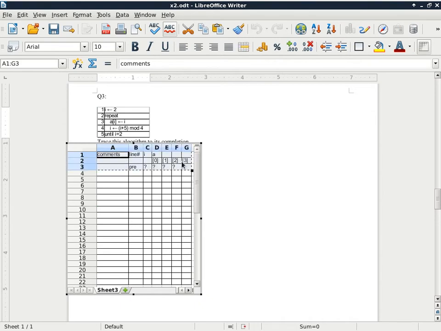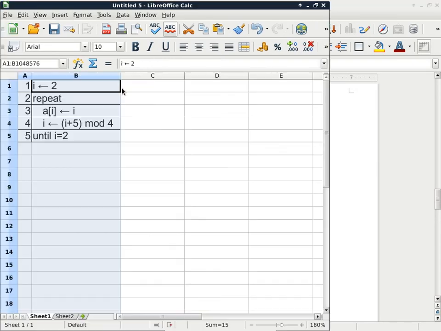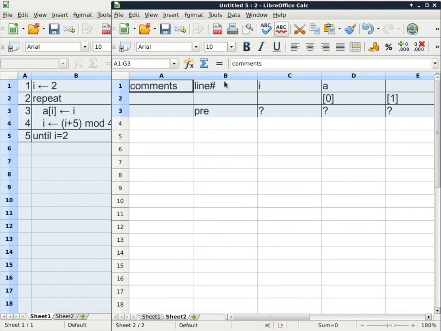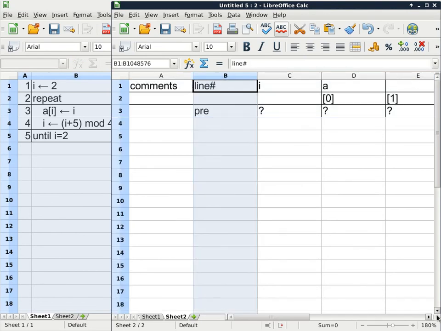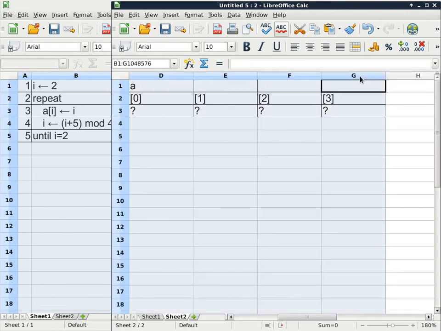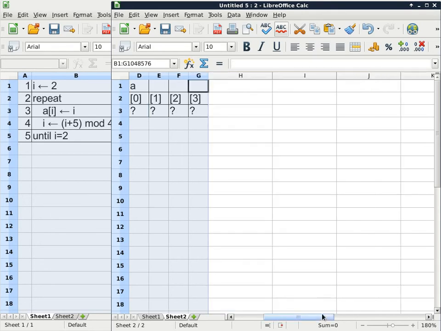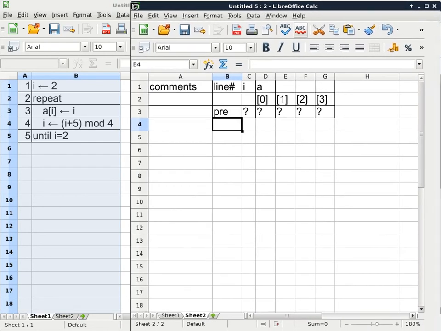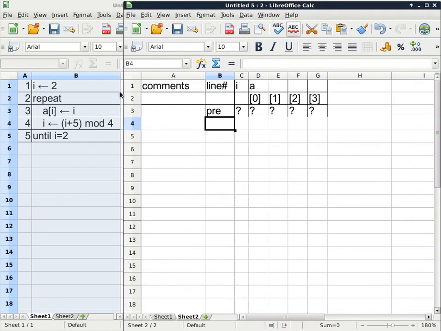All right, so let's go ahead and take a look at this one. All right, and we have the algorithm on the left-hand side, the trace on the right-hand side. Line 1, I gets a value of 2.